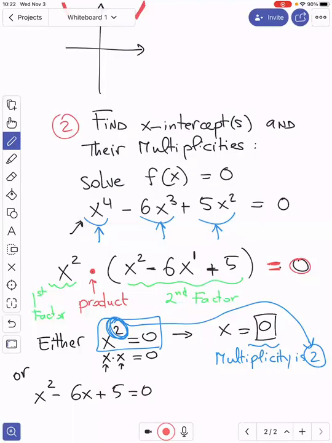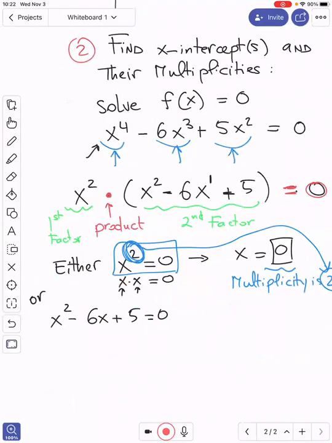Okay. Now for the second equation, x squared minus 6x plus 5, and this is why I changed the 9 to 5. This is of course a quadratic equation, so we can use the quadratic formula.